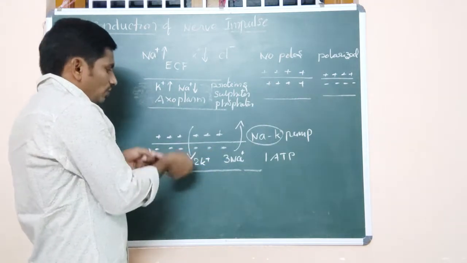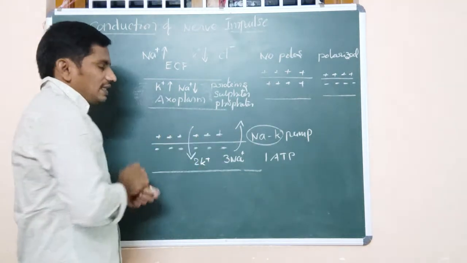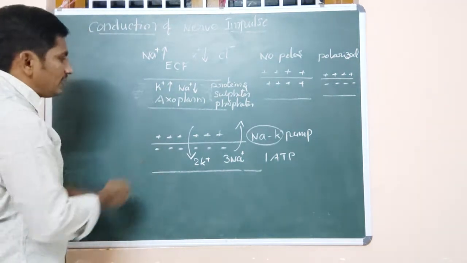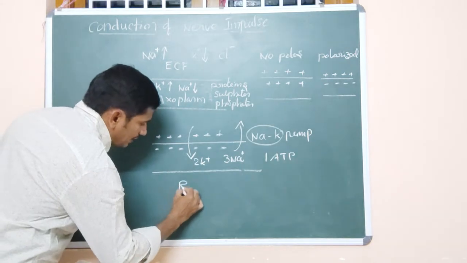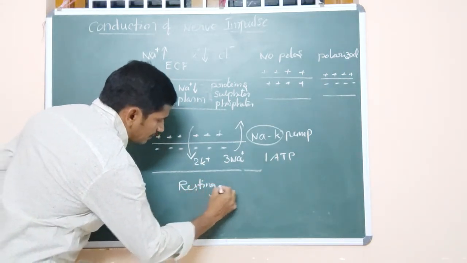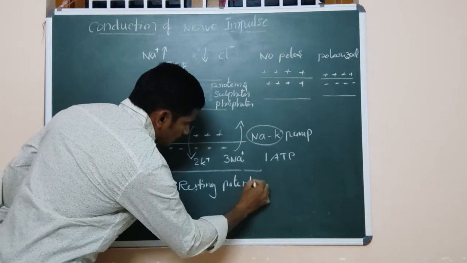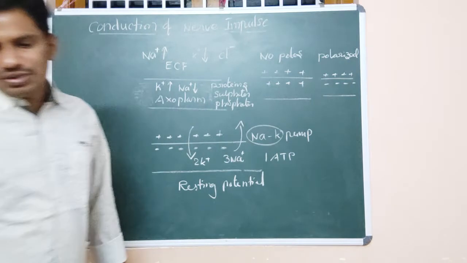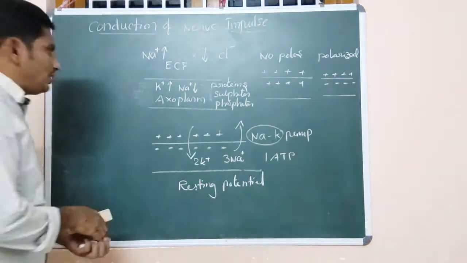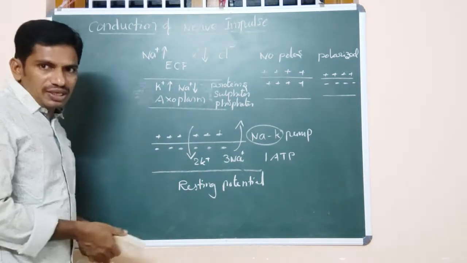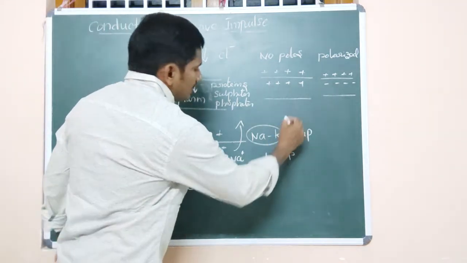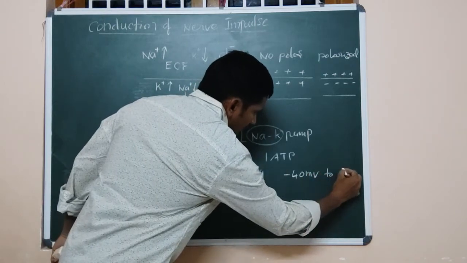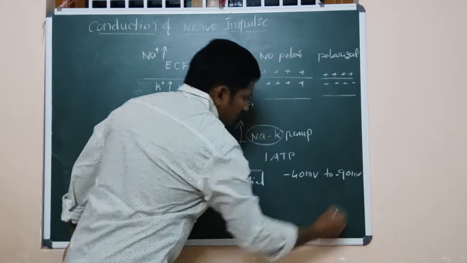So when the neuron is like that, it is a polarized neuron. That potential is known as the resting potential. This axon potential should always be between minus 40 millivolt and minus 90 millivolt.